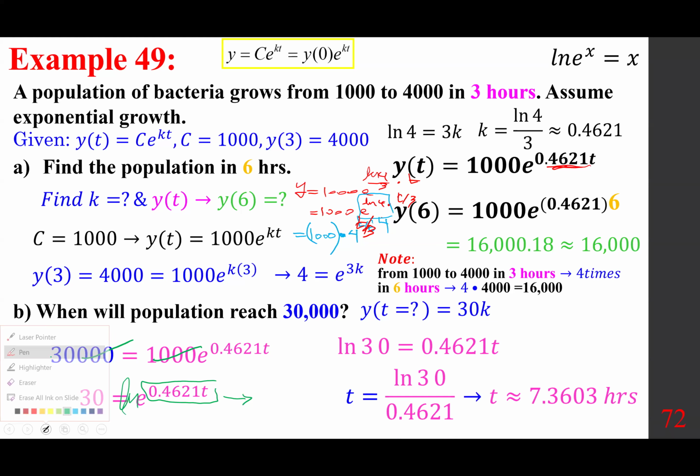And again, everything that you see here is an approximation, okay? So it takes about that much. And if you want to know 7 hours and how many minutes, you multiply that by 60, because 1 hour is 62 minutes.